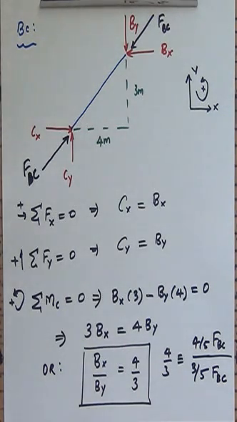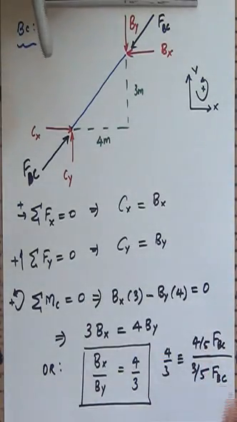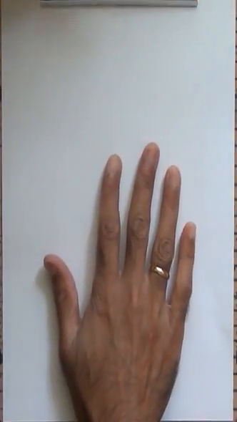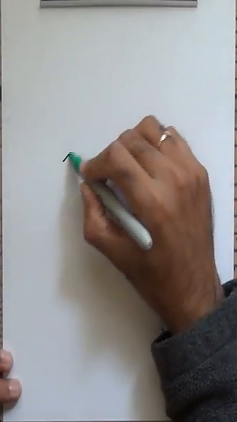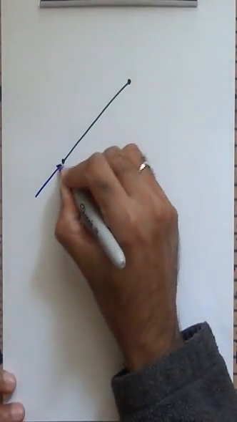I don't need to worry about Bx and By and so on, because I know that Bx and By are obviously components of FBC. Right, so with that being the case, look at this here. We're now going to draw the free body diagram of BC once again. So here is a bar BC. And now instead of drawing Bx and By, Cx and Cy, I'm going to draw a force FBC.